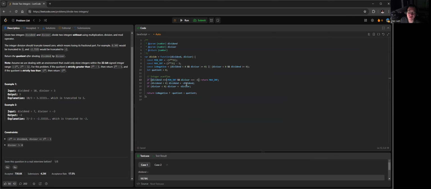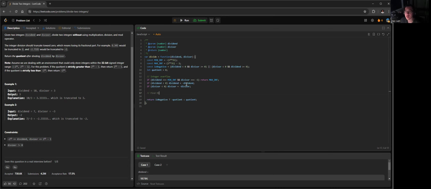We don't care if the divisor is larger than the dividend, because for example, if you divide 1 by 10, you're always going to get 0 because everything is truncated anyway. So that is our only edge case there.